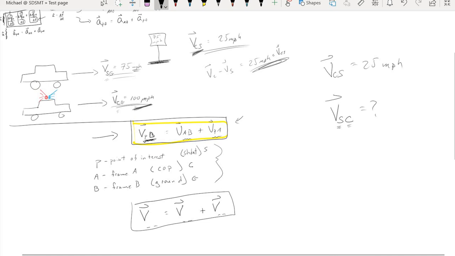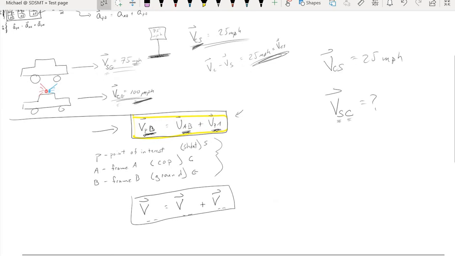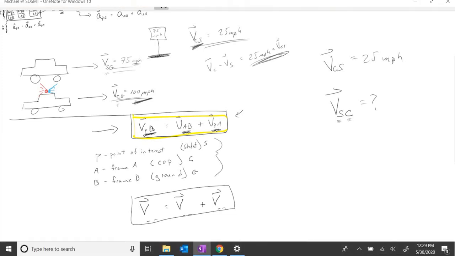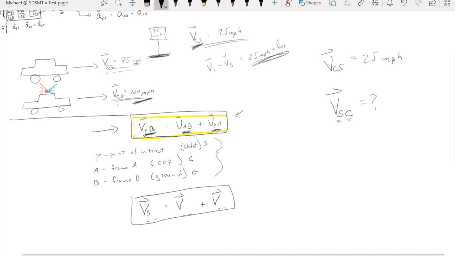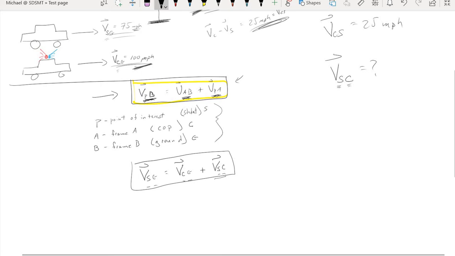But we're still going to use our default expression here to show us what needs to go where. So now anywhere where there was a P, it's going to be replaced with an S. So we had an S here, we had an S here. A is going to be replaced with a C. So there was an A here, now there's a C. And B is still the ground reference frame, so we can still do G and G. And I want this value right here.